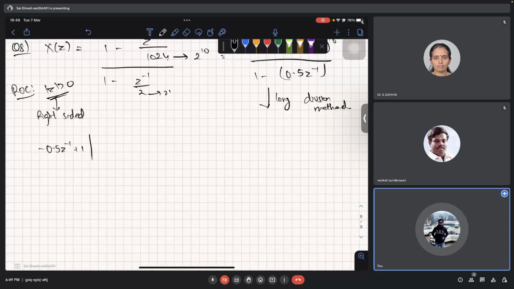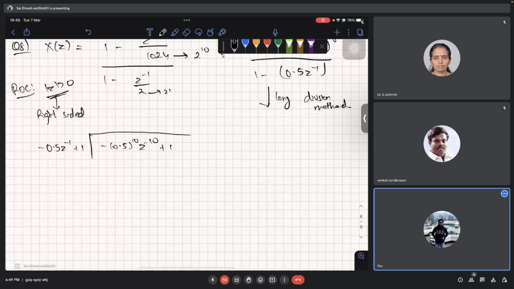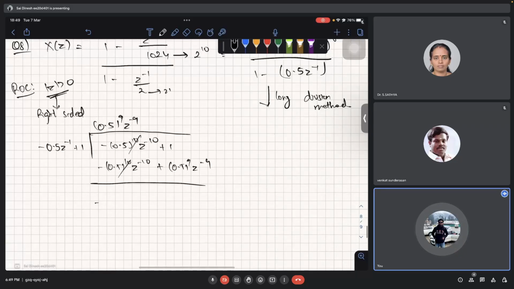So you have to divide accordingly. So minus 0.5 power 10 z power minus 10 plus 1. So let's say we multiply by 0.5 power 9 into z power minus 9. So this will be minus 0.5 power 10 z power minus 10 plus 0.5 power 9 z power minus 9. So these two get cancelled. So now what you are left with is minus 0.5 power 9 z power minus 9 plus 1.